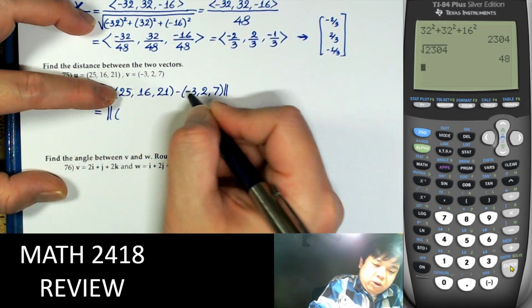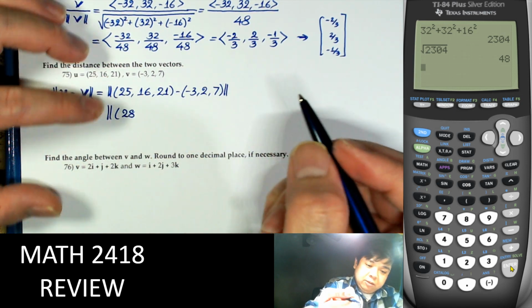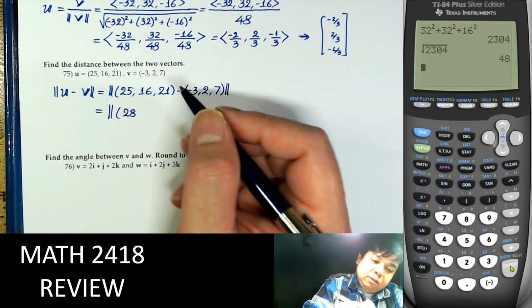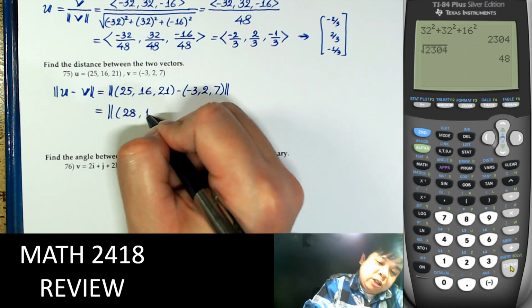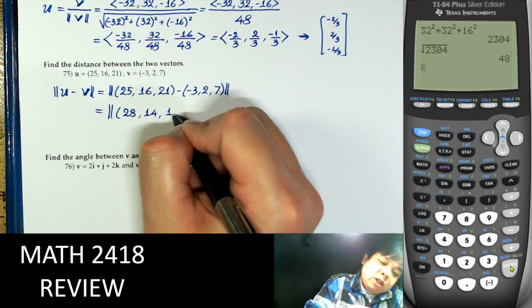So that gives us 25 minus negative 3, so that's 28. 16 minus 2 is 14. 21 minus 7 is also 14.